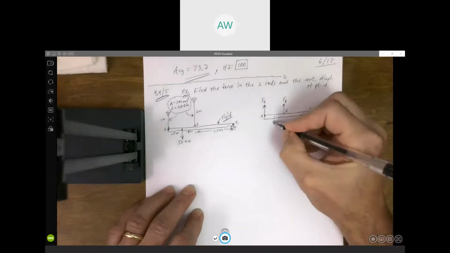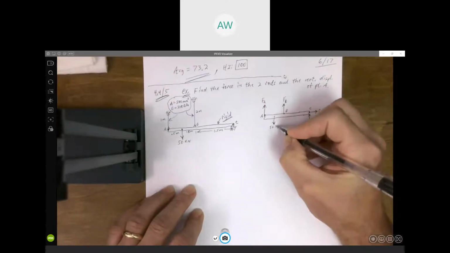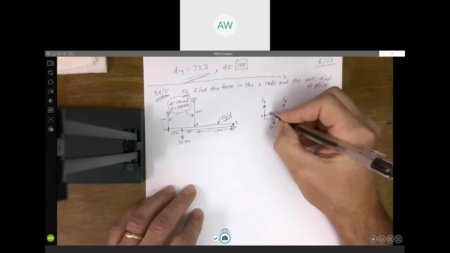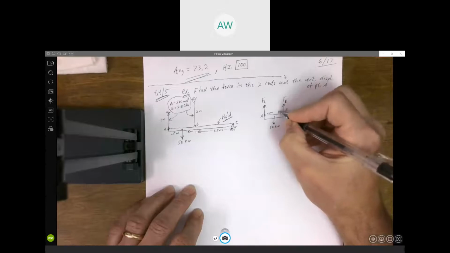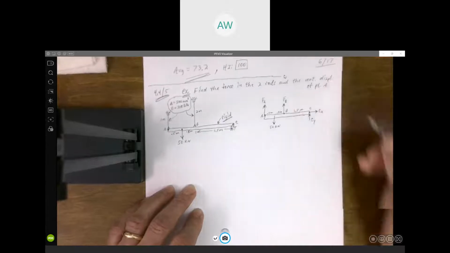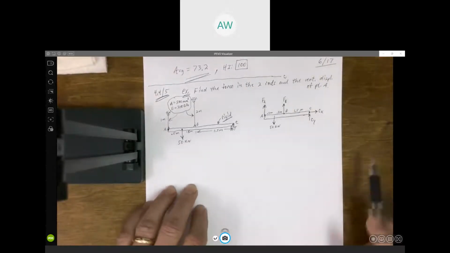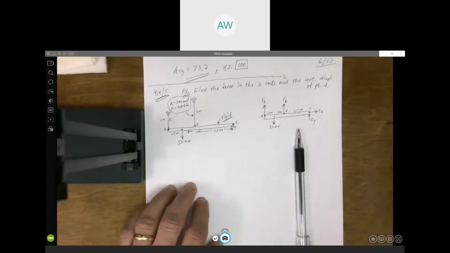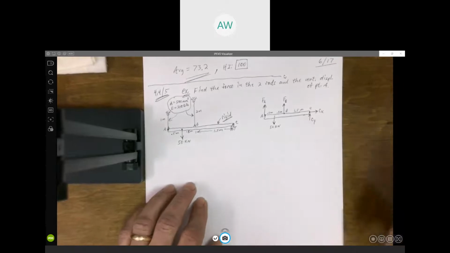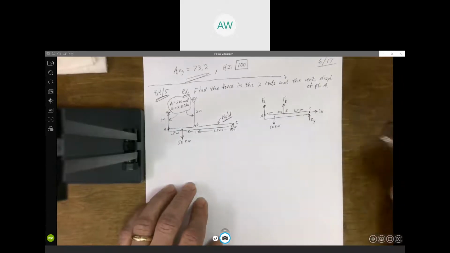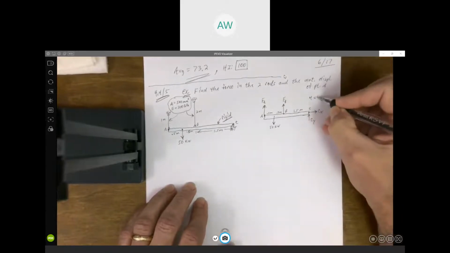We've got our applied force of 50 kilonewtons, and again the dimensions: 0.5 meters, 0.5 meters, and 1.5 meters. All right, so there's our free body diagram of our beam with all the forces acting on it. Now, if you notice real quickly, how many unknown forces do we have? We've got 4. So there are 4 unknowns.